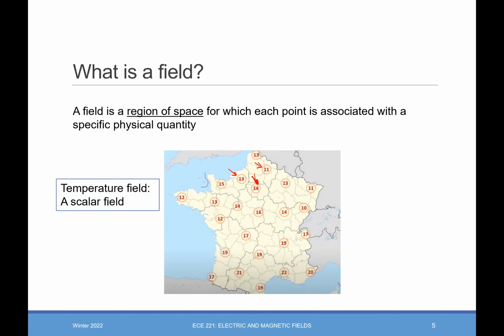We call this a temperature field, because at each point of this region of space, we are associating a number, and that's a temperature. Since temperature is just a value with no direction, we call that a scalar field. So temperature is a scalar field.